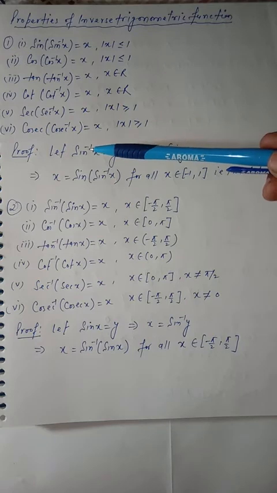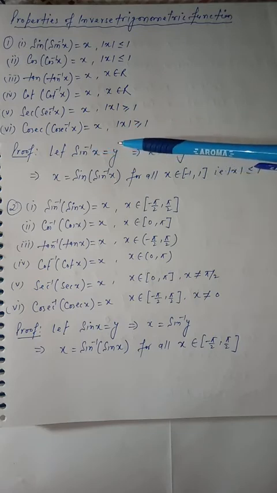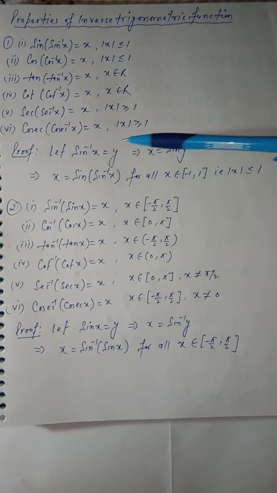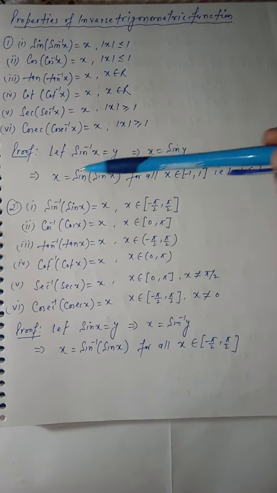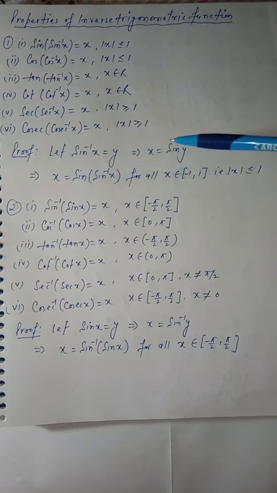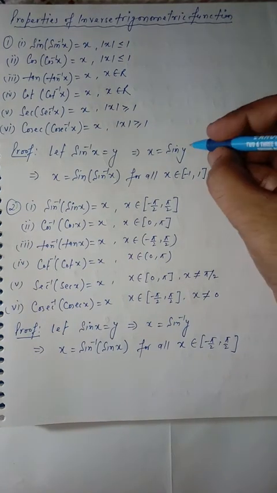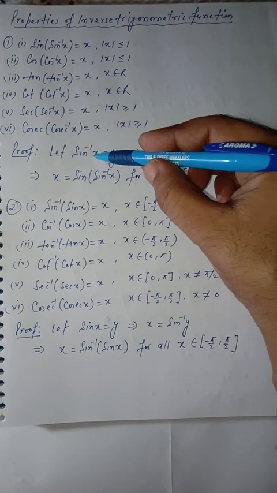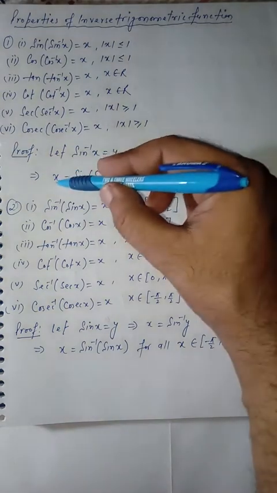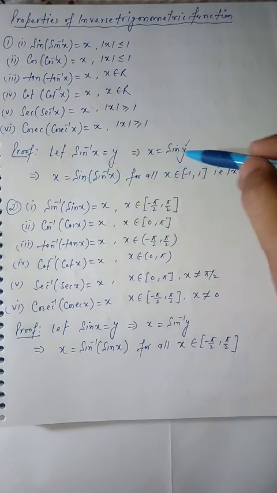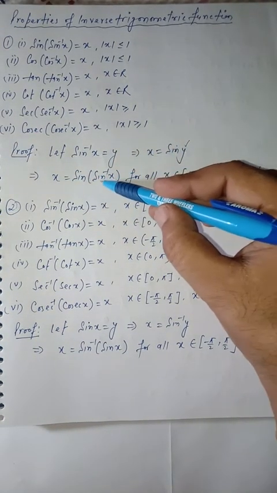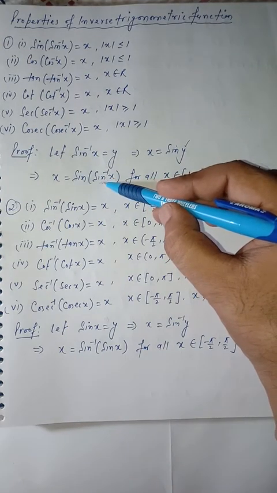Assume sine inverse x is y, so we can write x as sine y. And what is y? In place of y I can write sine inverse x. So x is equal to sine of sine inverse x.